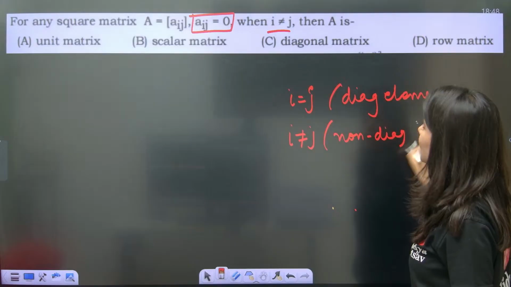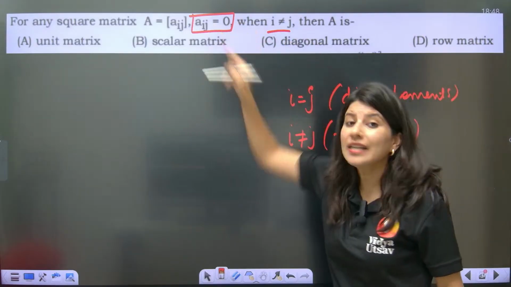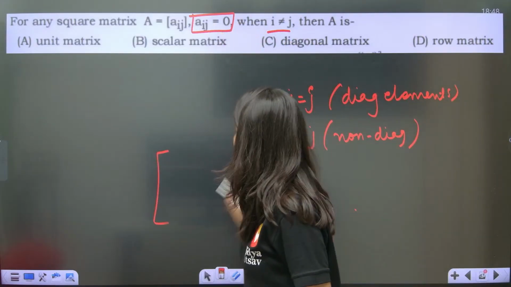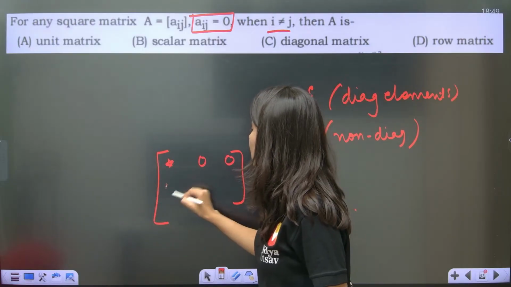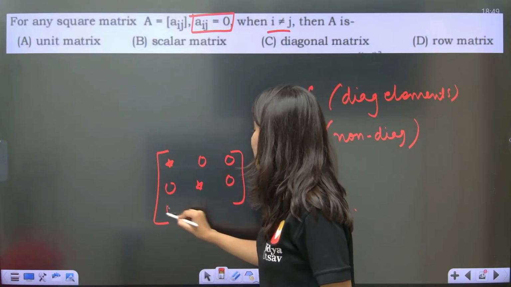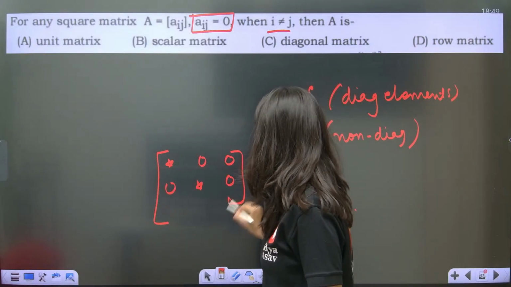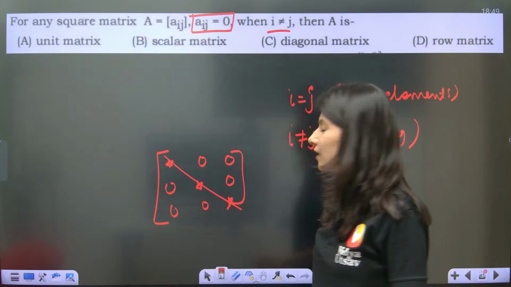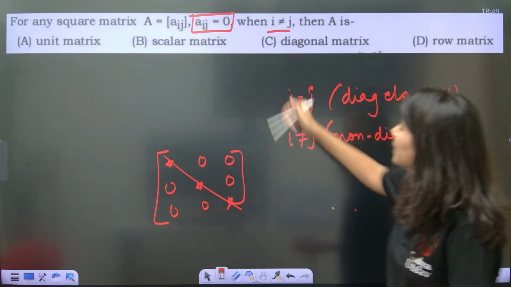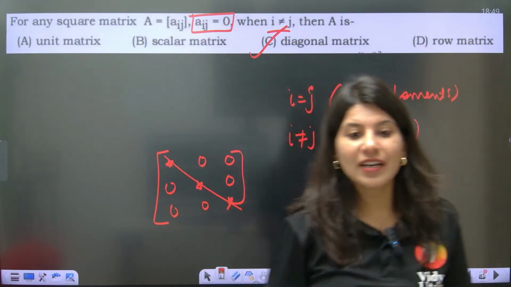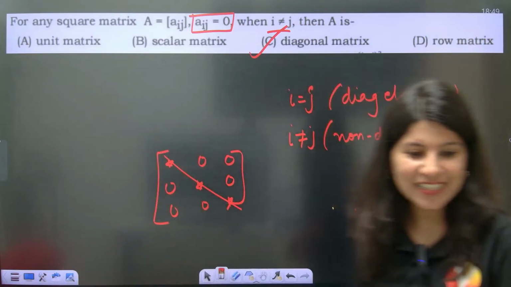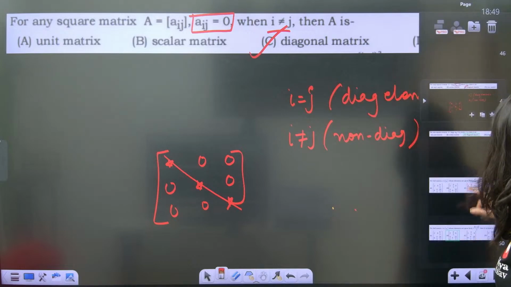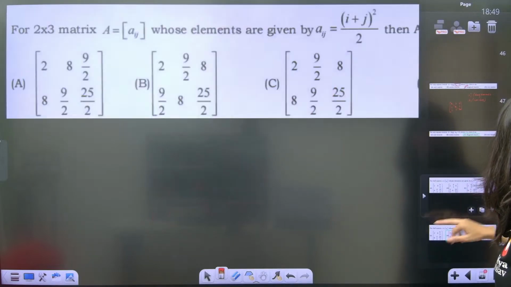So in this question, they are saying that non-diagonal elements are 0. Can you see this is diagonal? Non-diagonal elements become 0. This is the definition of dum biryani. Sorry, chicken biryani. Right? Okay. Alright, so option C, chicken biryani, is correct.